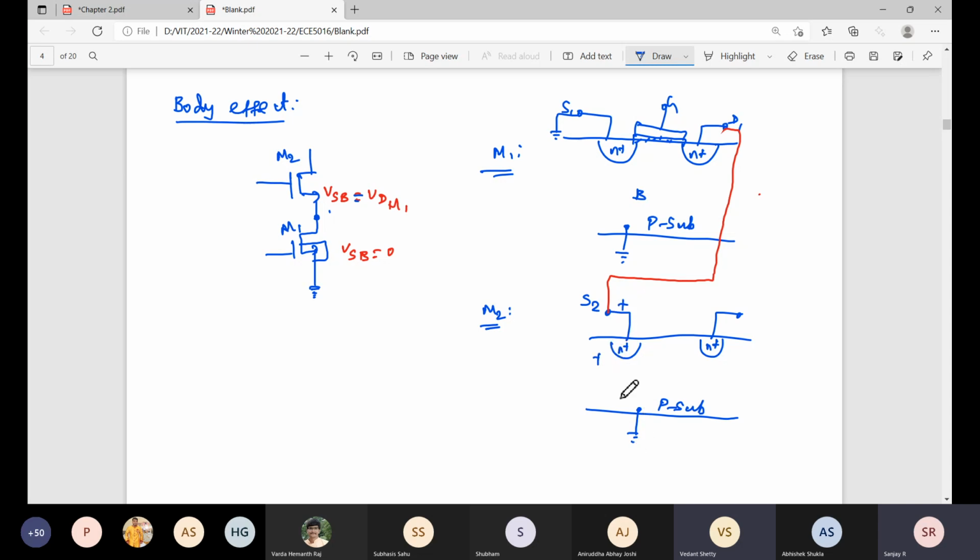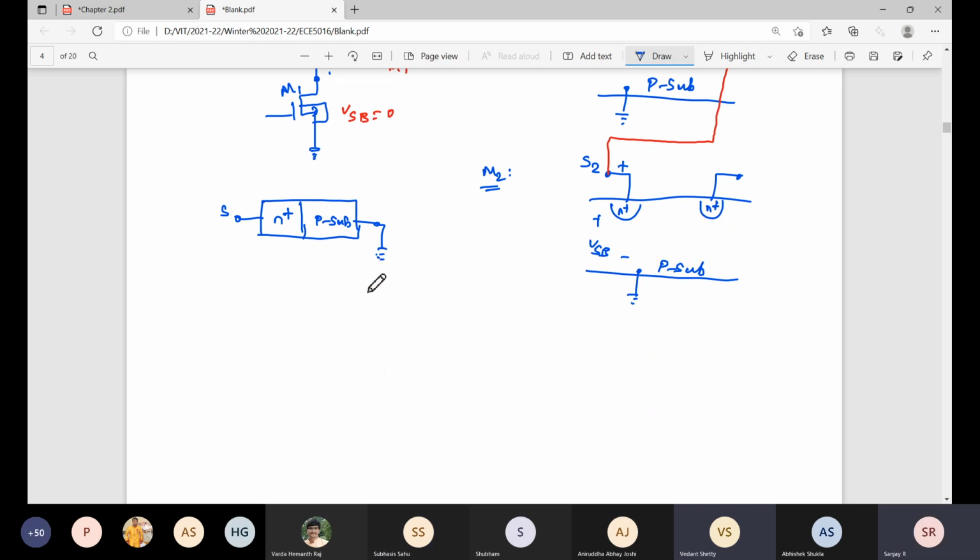So source to bulk is a positive value, greater than 0. I'm modeling this PN junction: the source terminal is N plus, then the P substrate connected to ground. Here a higher voltage. So is this forward bias or reverse bias?